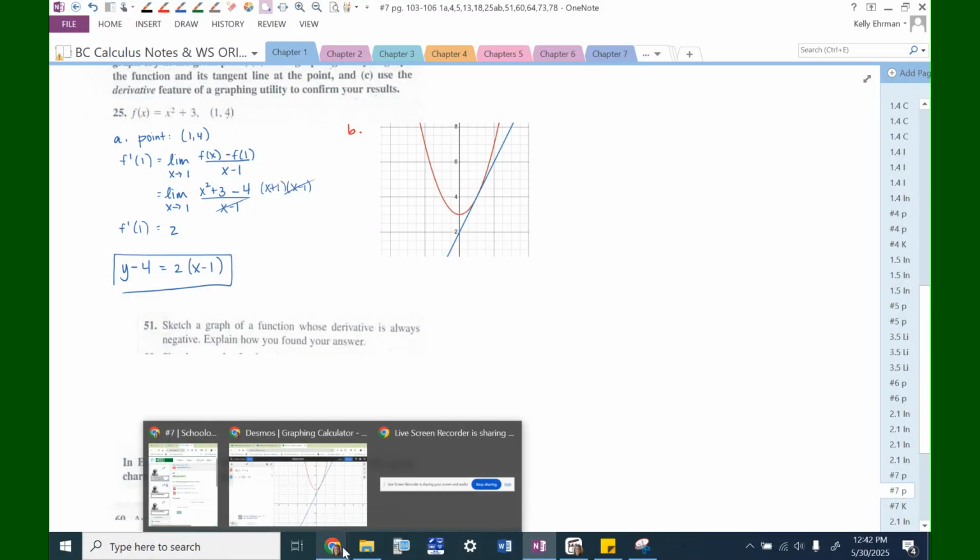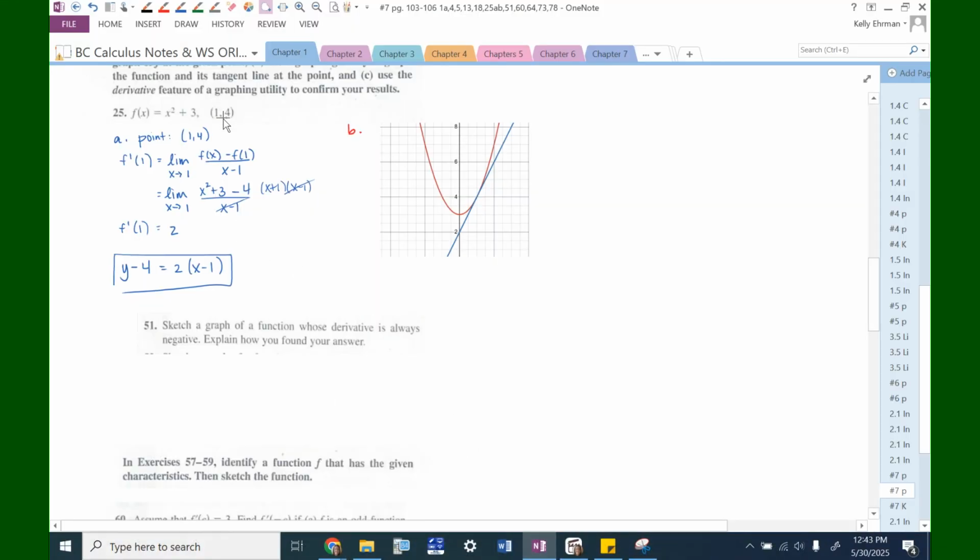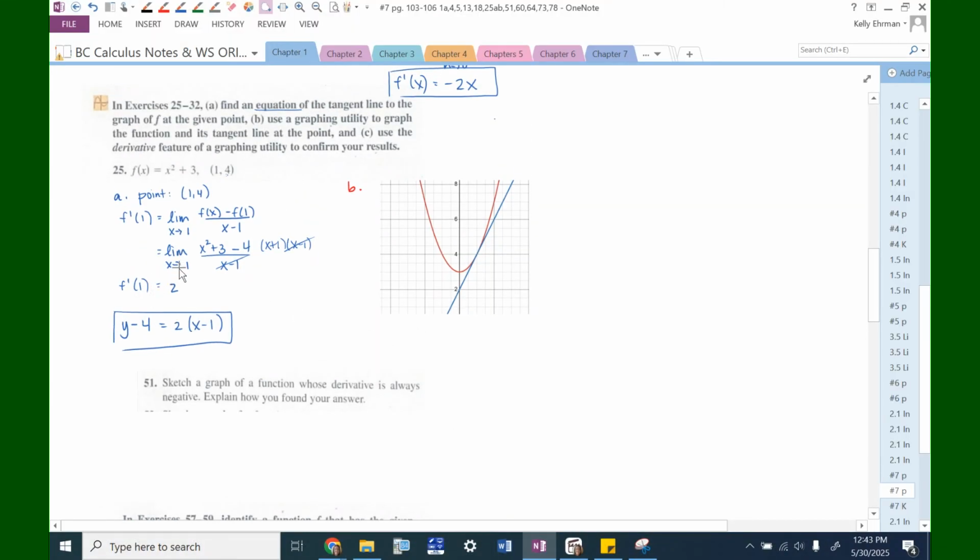So I have f of x typed in here. I can type in f prime of 1, and see how it gives me that value? It gives me the value 2, which is the slope that I found. So kind of nice. We can confirm the answer that we got here for f prime of 1.